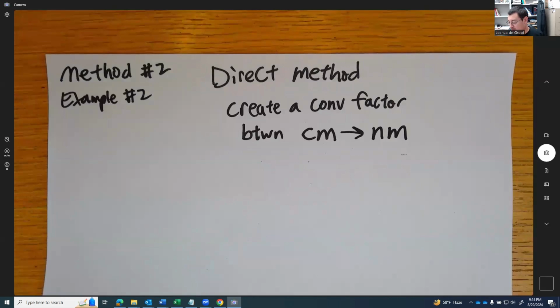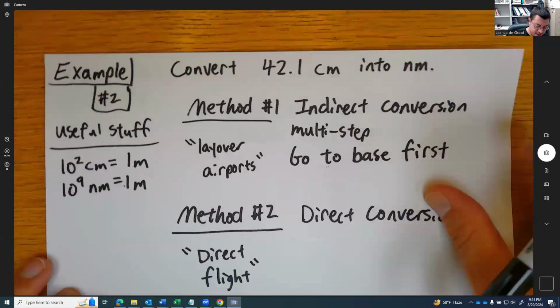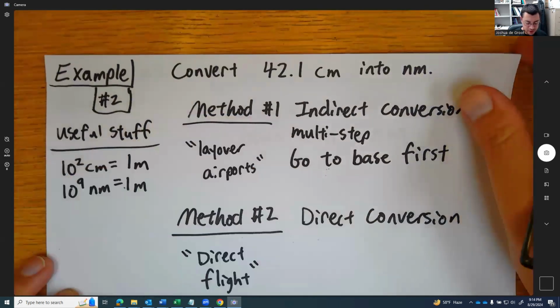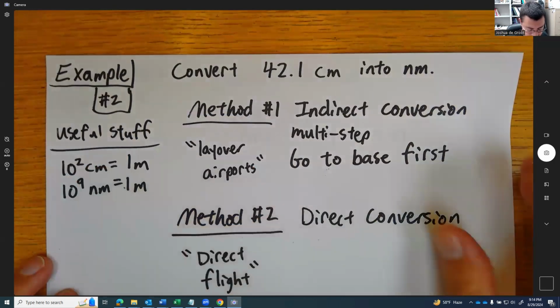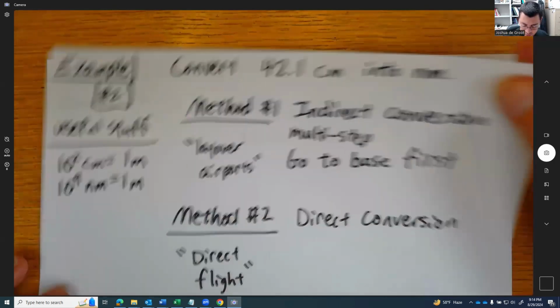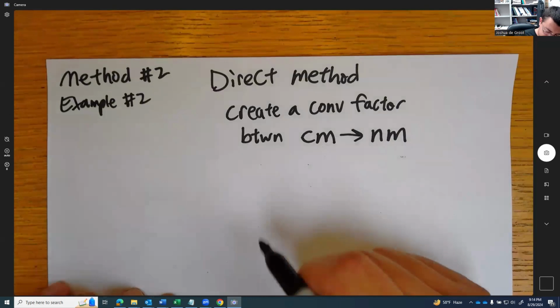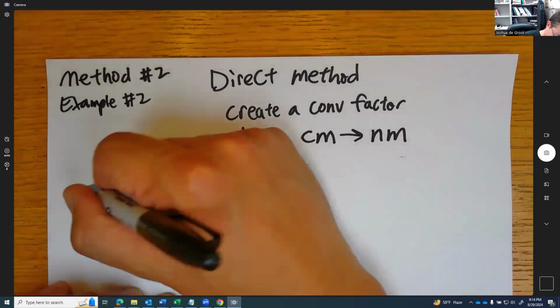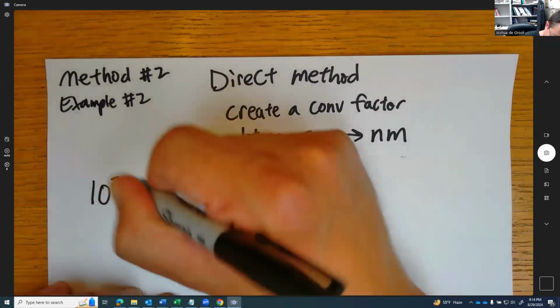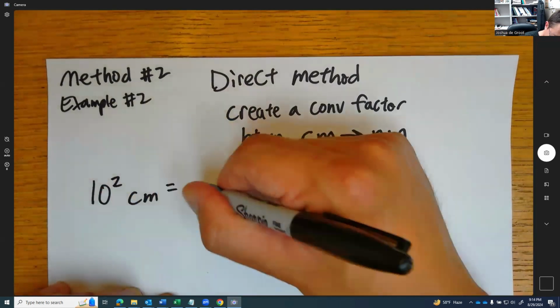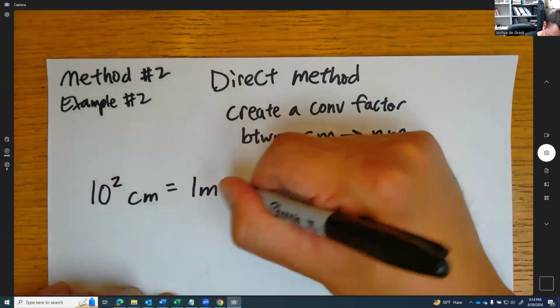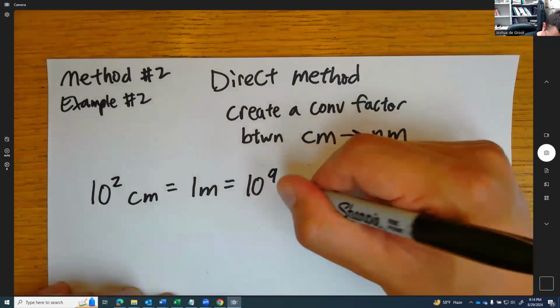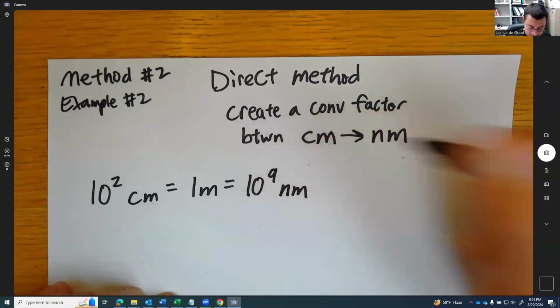Okay, so earlier we wrote this. So one approach you could do is you could say, all right, 10 to the second centimeters is the same as 1 meter is the same as 10 to the 9 nanometers. Okay.